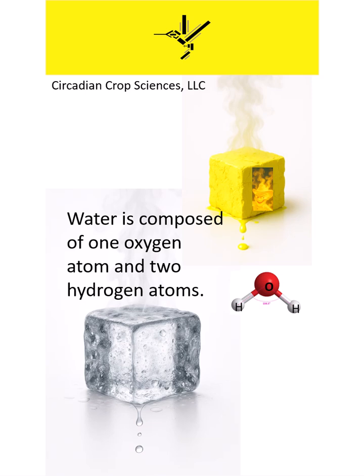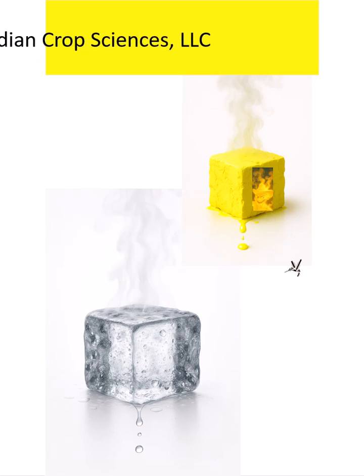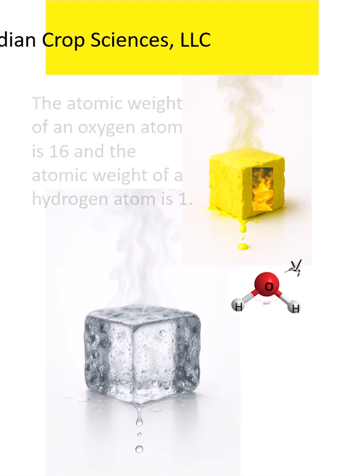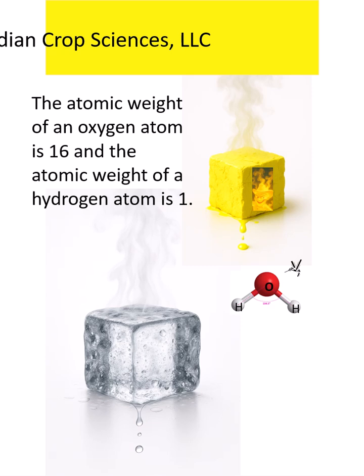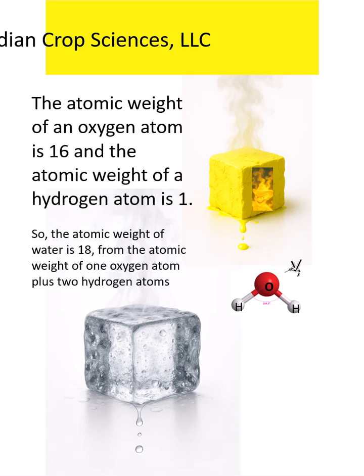Water is composed of 1 oxygen atom and 2 hydrogen atoms. The atomic weight of an oxygen atom is 16, and the atomic weight of a hydrogen atom is 1. So the atomic weight of water is 18 from the atomic weight of 1 oxygen atom plus 2 hydrogen atoms.